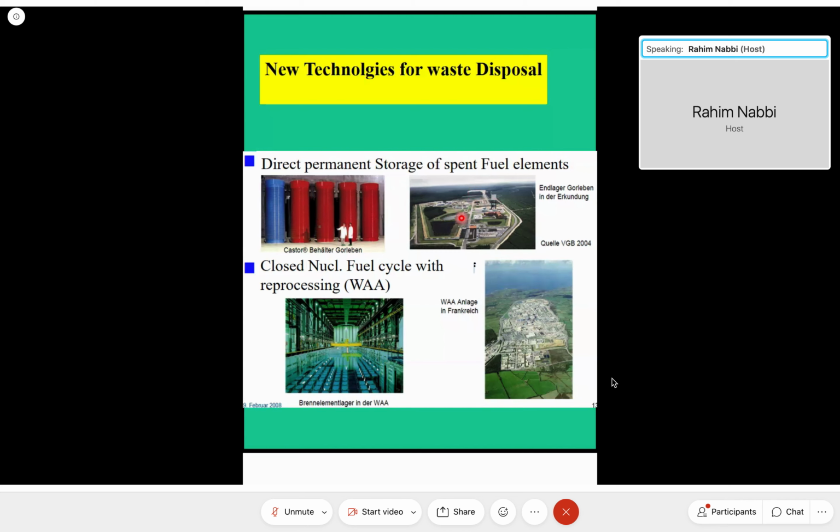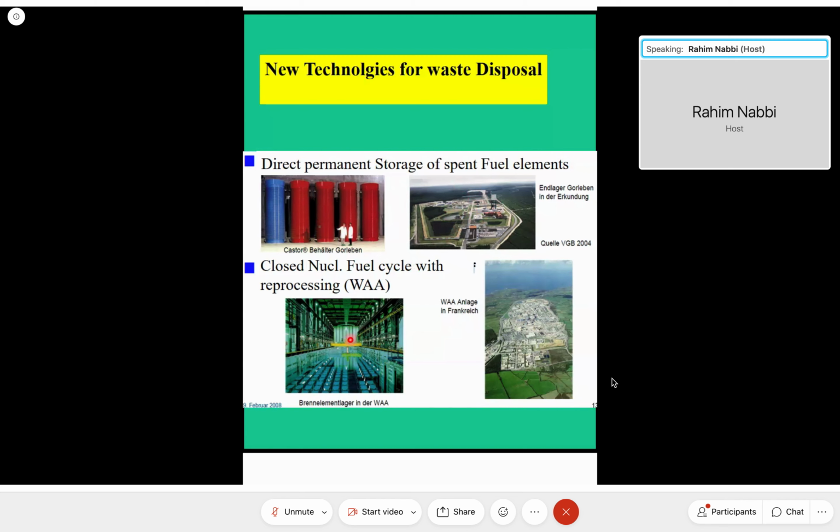First it was decided to use this facility for spent fuel elements and radionuclides, but the decision of the government has changed, and first a very comprehensive scientific study should be performed in Germany for different sites and different repositories. That means the decision on this site is not very sure.